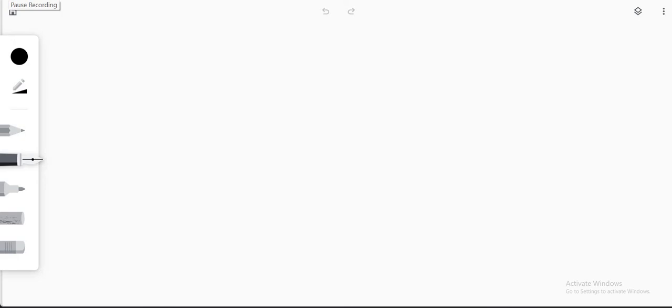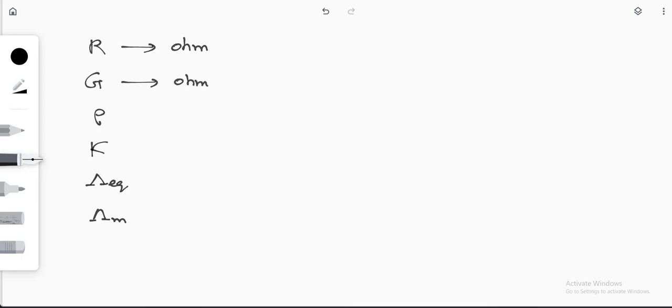In the last class, students, observe carefully, I introduced the terms like resistance, conductance, then specific resistance, then conductivity, then equivalent conductivity, and molar conductivity. Resistance unit is ohm, conductance unit is ohm inverse, or you can use the unit mho, or the unit Siemens.